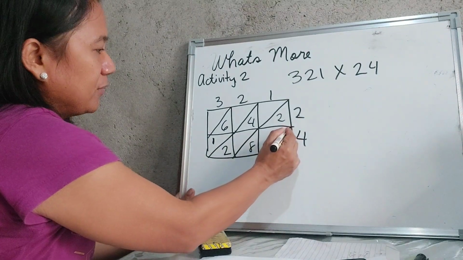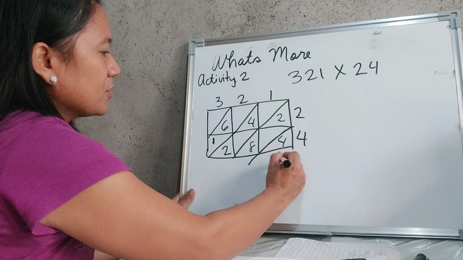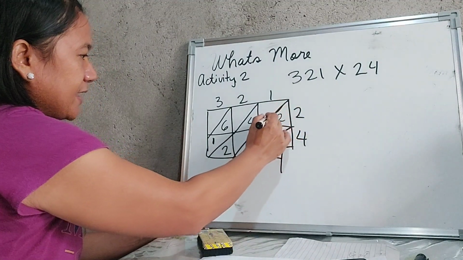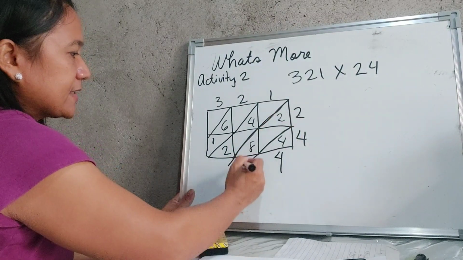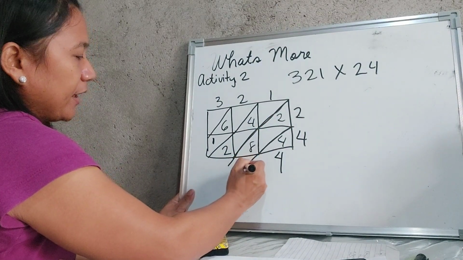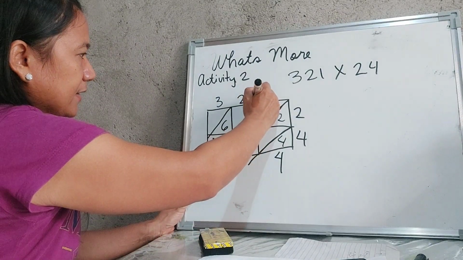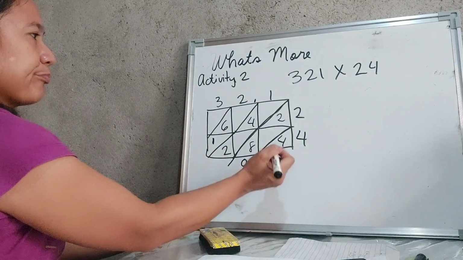So, mauna tayo dito. Tingnan natin diagonal. Wala siyang kasama. So, we will write down 4. The second diagonal. Dalawa sila. 8 plus 2 is 10. I will write down the 1's value, which is the 0. And then, I will carry the 10's into the next column.